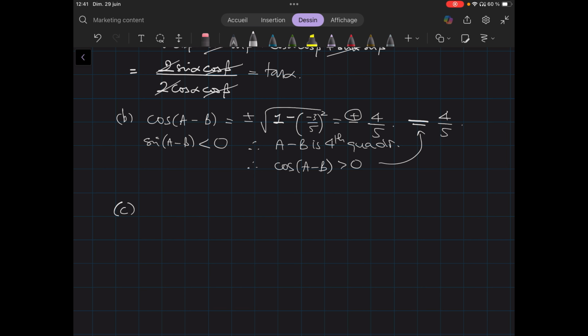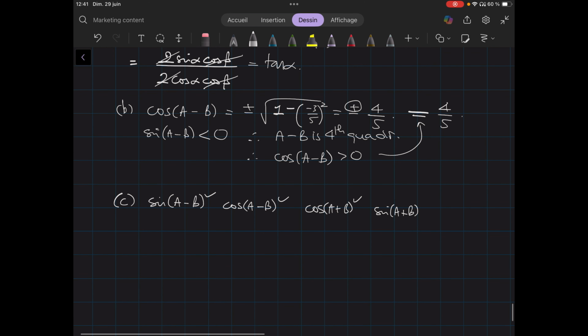Well, notice that we have sine of A minus B already. We have cos of A minus B already. We have cos of A plus B already. And we can also find sine of A plus B, aka all four identities that appeared in part A that would allow us to find the value of tan of A.